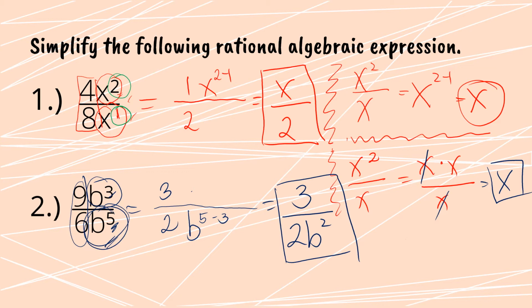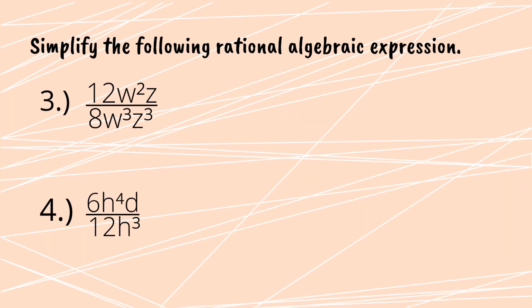Okay? So, let's have another example. So, we have 12w squared z over 8w cubed z cubed. Okay, so same process. What is 12 over 8? Okay, so that is 3 over 2. Si w saan? Taas o baba? That's it. So, sa baba, no?